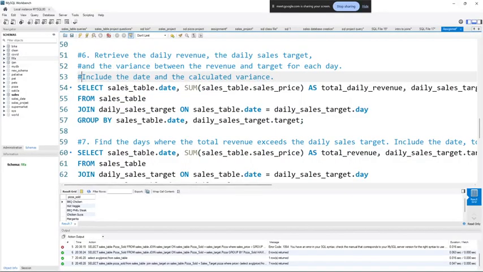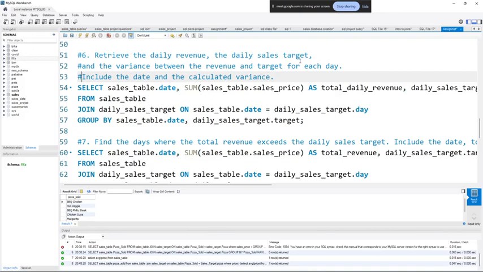So now, retrieve the daily revenue, one column, the daily sales target, and when they say the variance between the revenue that you calculated and the target for each day, it means the difference between this one and this one.